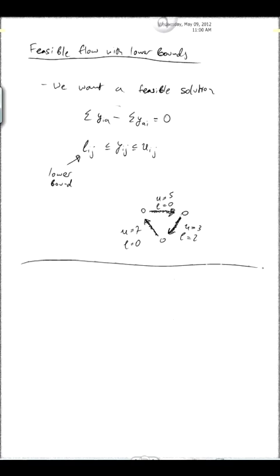So to solve this, you can think about solving this in a couple of different ways. So imagine that I have here a node A and B, and they have an edge between them, and it has some upper bound and some lower bound. So the first way you think about it is you can just think about it intuitively or in pictures.